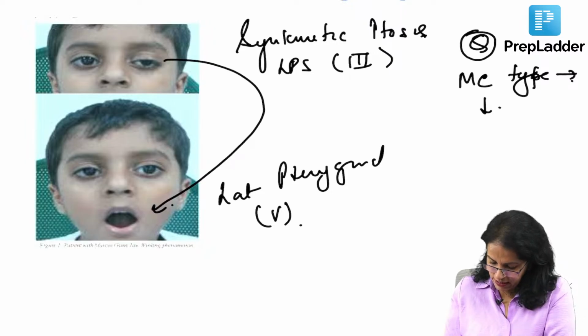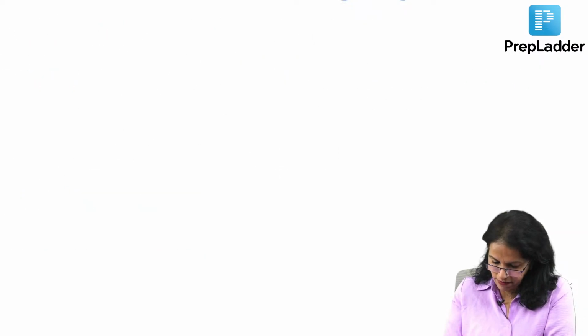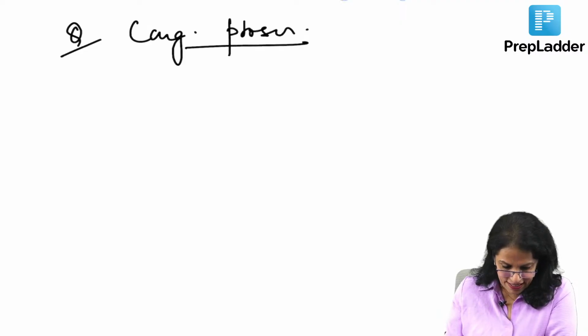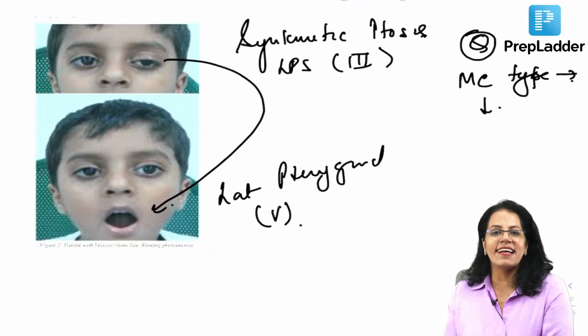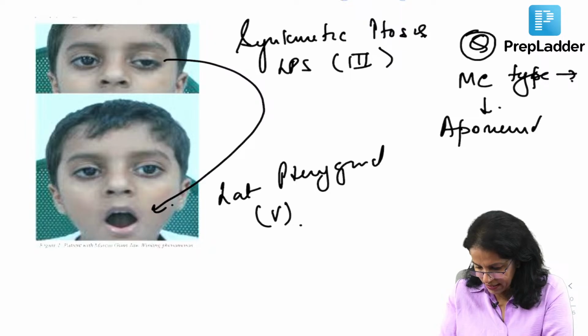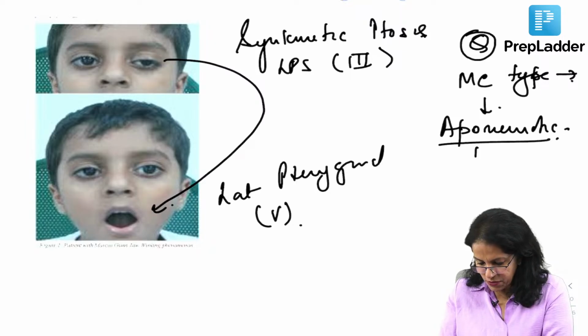Another question is, what are the two main points we have learnt about congenital ptosis? So most common type of ptosis, nobody is answering me. It is aponeurotic. Most common type of ptosis is actually aponeurotic, right? And do you also remember in aponeurotic we have a high lid crease, isn't it?